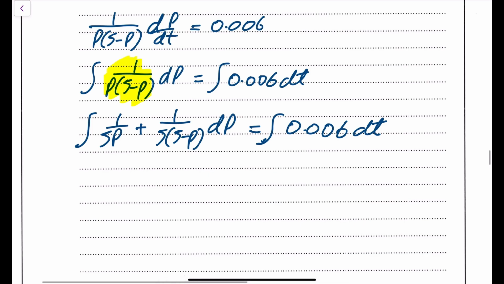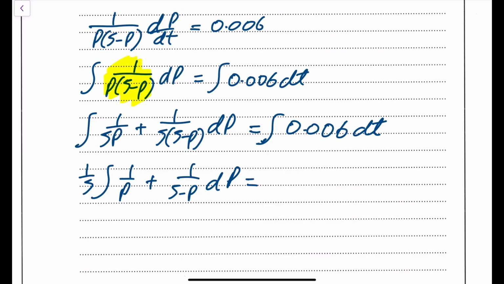Now this left-hand side, I can make life a wee bit easier by taking out 1 over 5 outside the integral. Hopefully this makes it a wee bit easier. And my right-hand side, I'll just integrate this right-hand side. I'll get 0.006t plus a constant of integration.